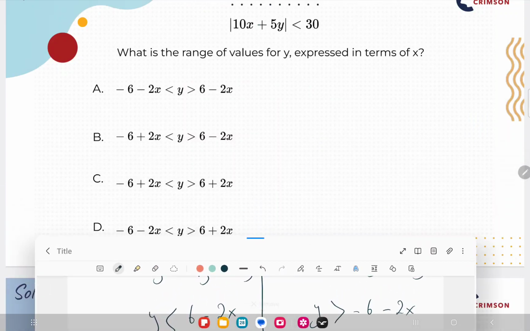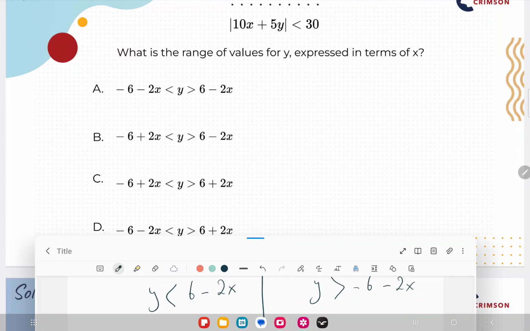Okay, I hope it's visible. So I have over here 6 minus 2x, and I have minus 6 minus 2x.